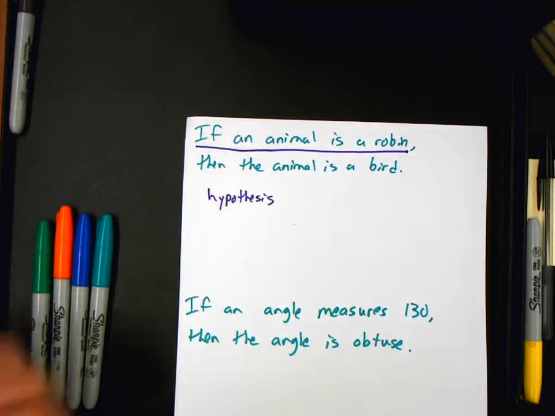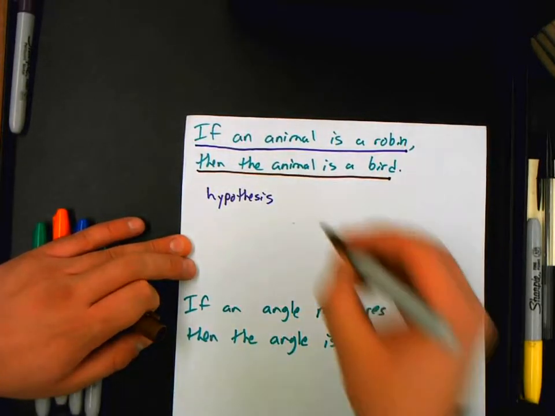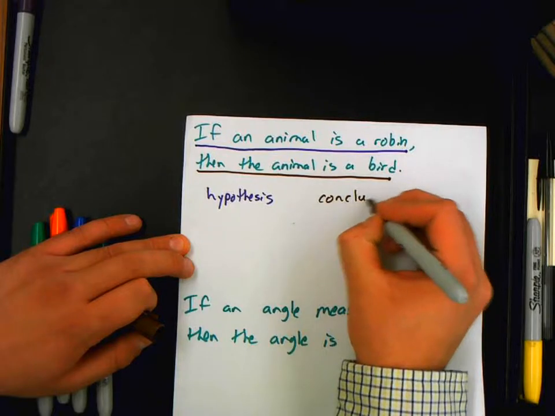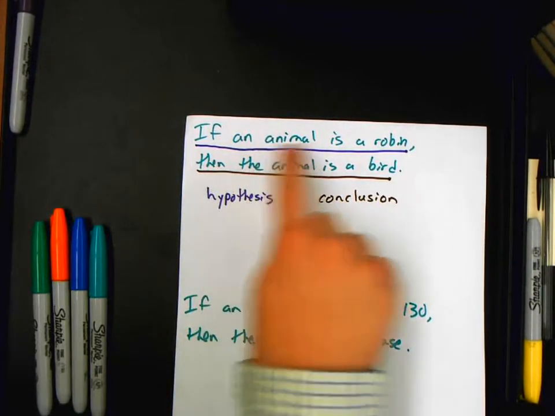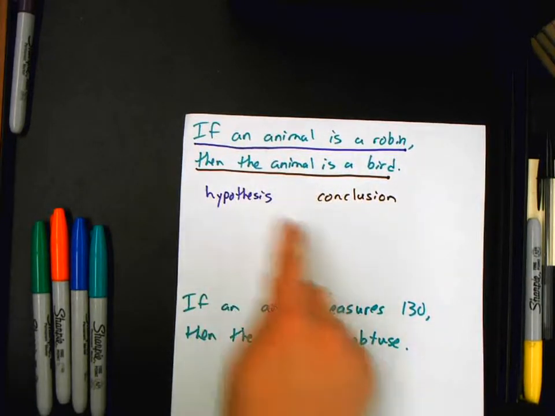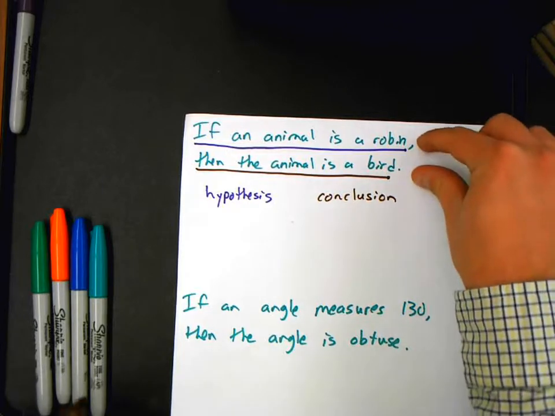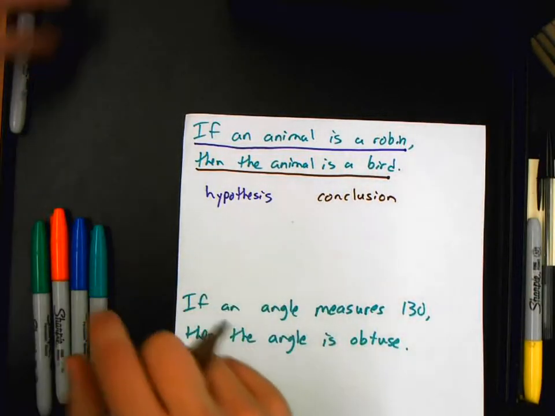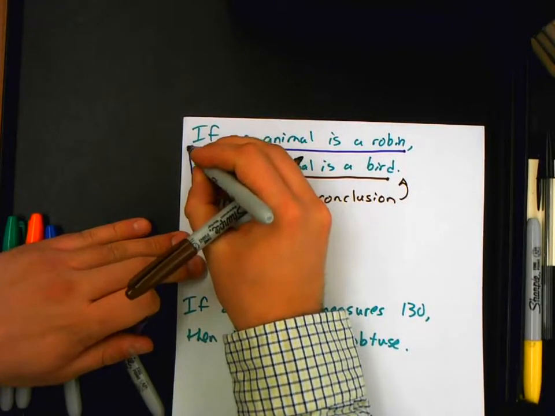The next one is the conclusion, everything that has followed the then. So if an animal is a robin is your hypothesis, then the animal is a bird is your conclusion. This whole thing is a conditional statement, and each of these parts are the hypothesis and conclusion.